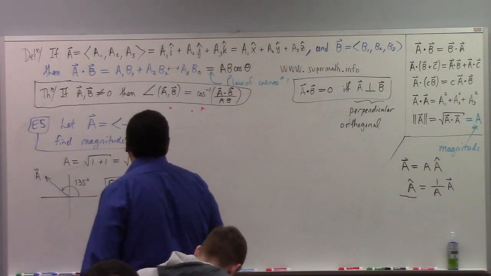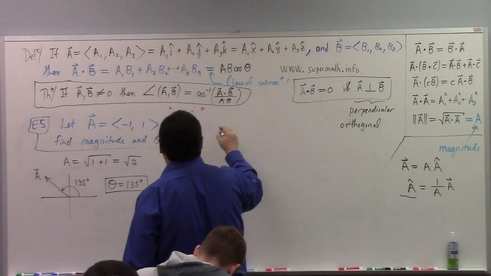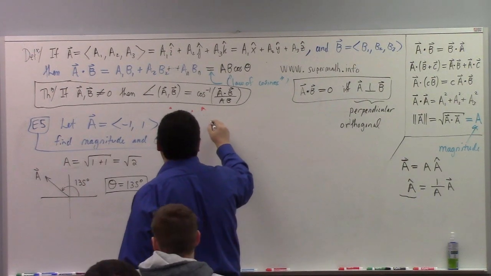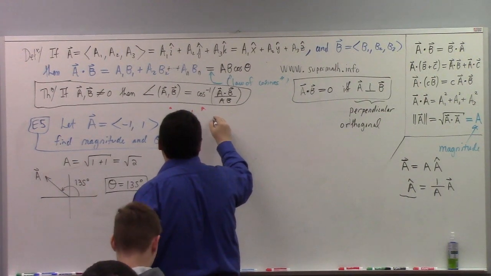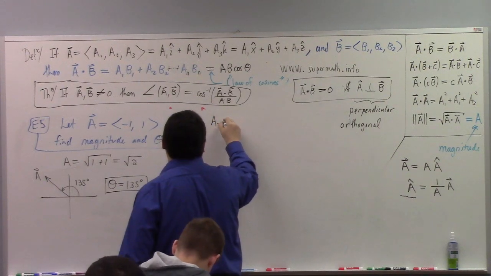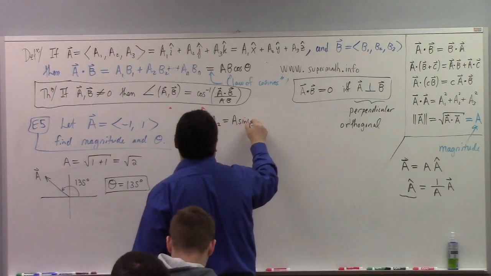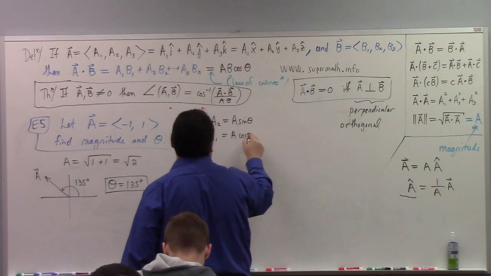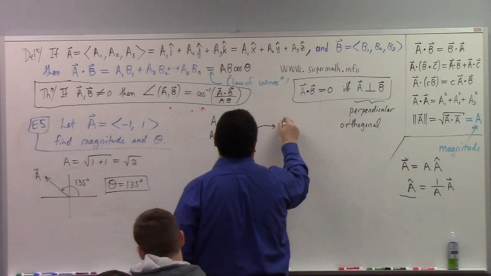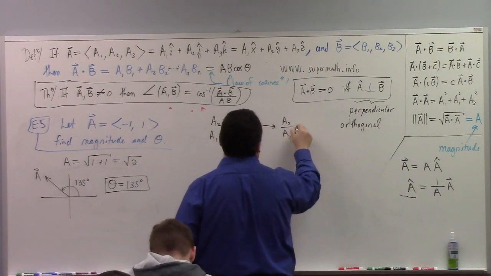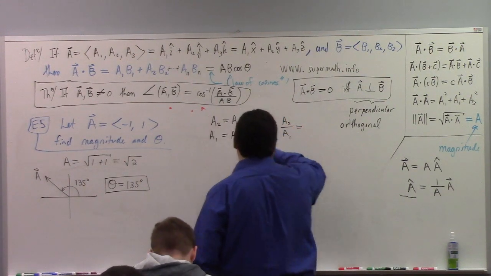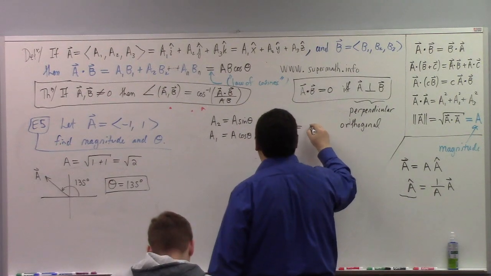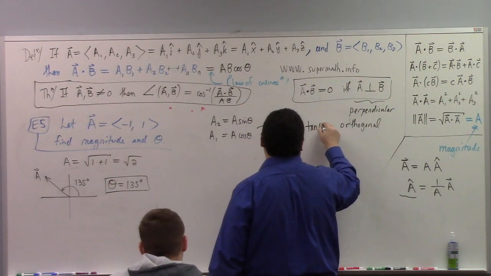Now, you might notice that A2 is equal to A sine theta, A1 is equal to A cosine theta, right? So this tells us that A2 over A1 is what? The A's cancel, and we get sine theta over cosine theta, also known as tangent theta.